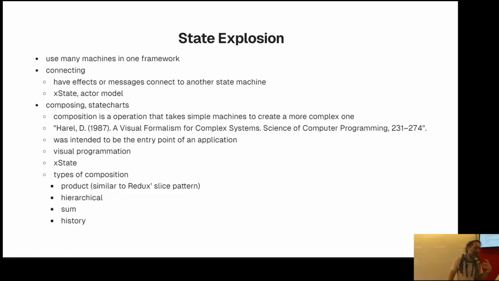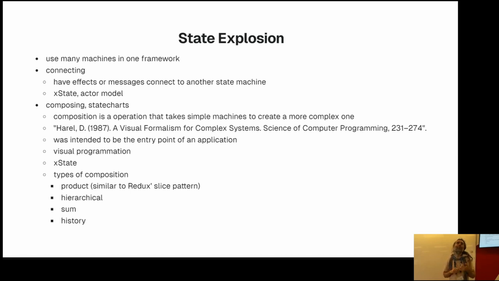This was developed mostly in a context way before React, in 1987. It was for an embedded system, actually. There's an article analyzing an 80s watch with all those modes, and they're very detailed about how it works.